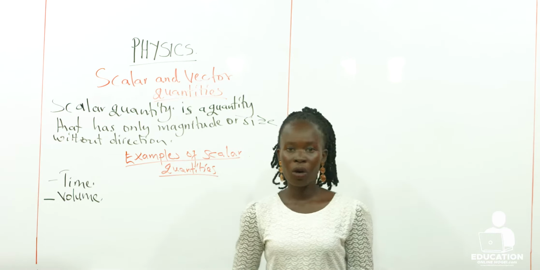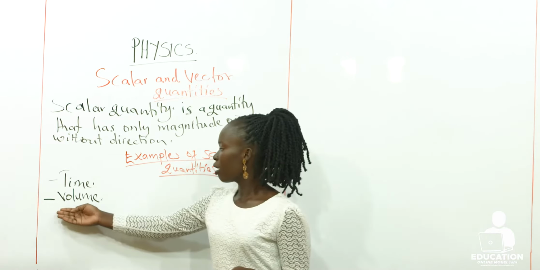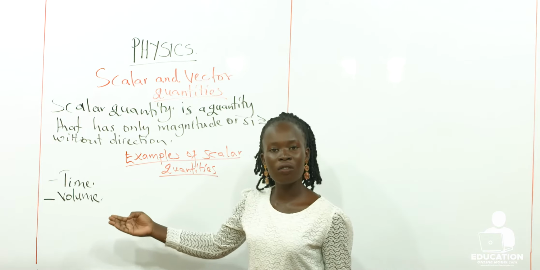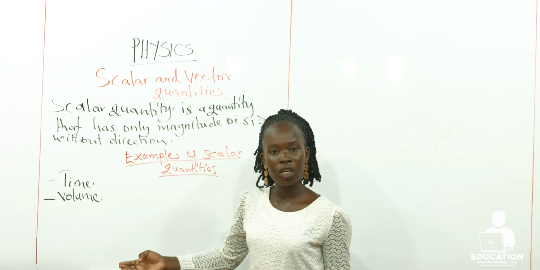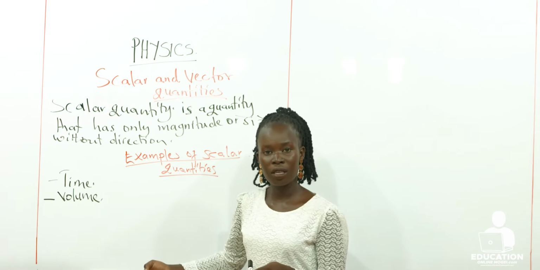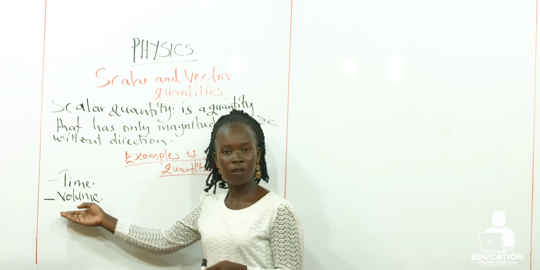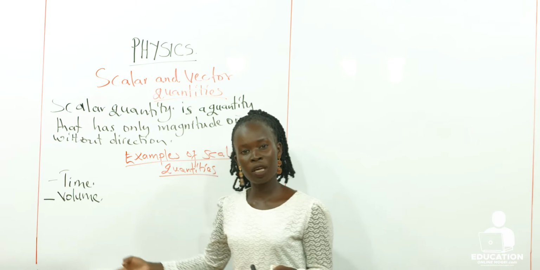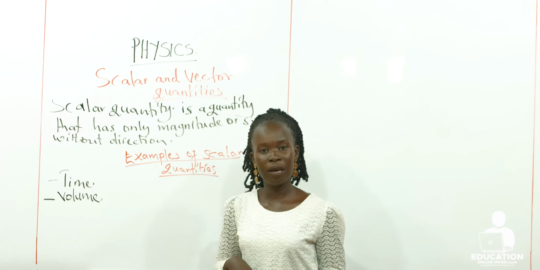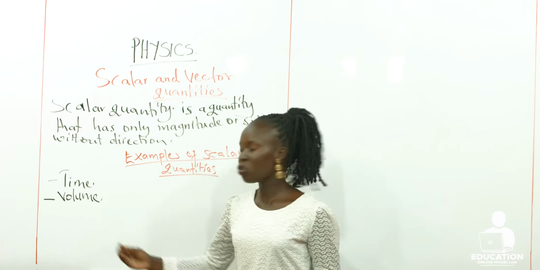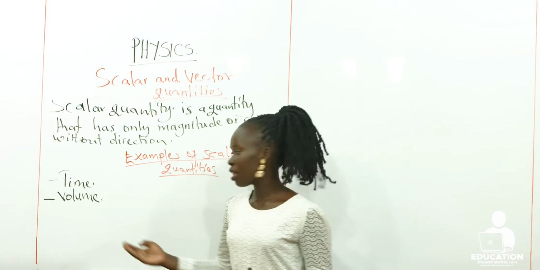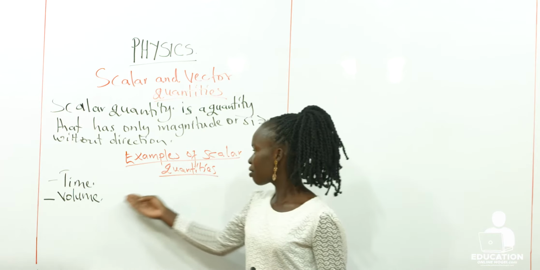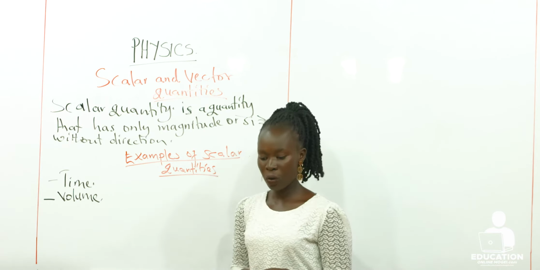No, because the volume will just take the size of that water in the bucket. It measures only how much of that media is present, how much water is present in that basin. It does not show a direction the water will take. That's why volume is a scalar quantity.